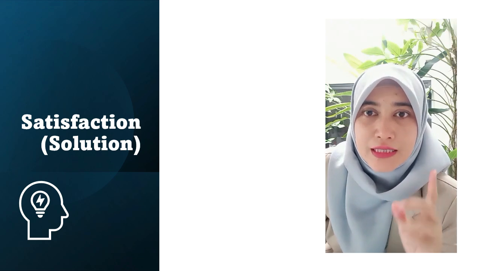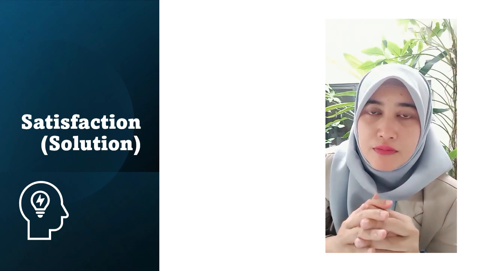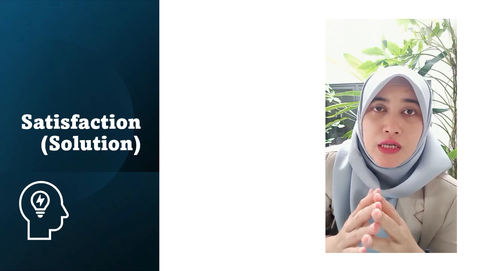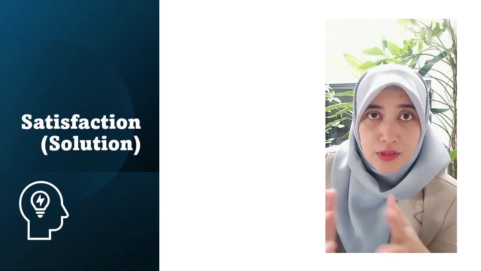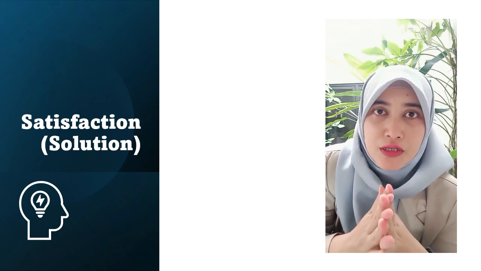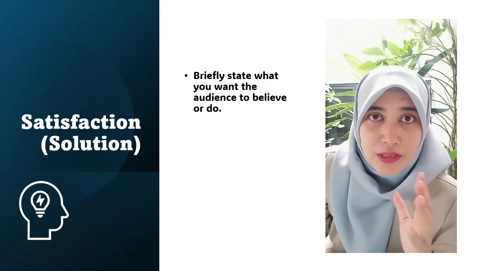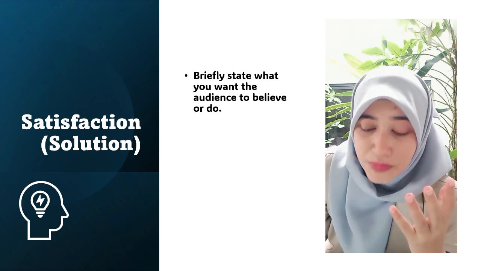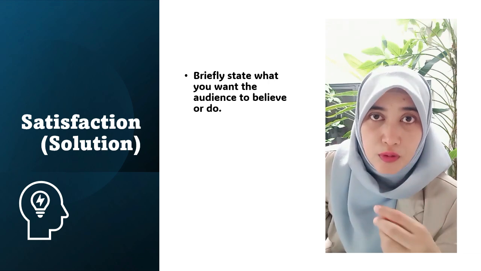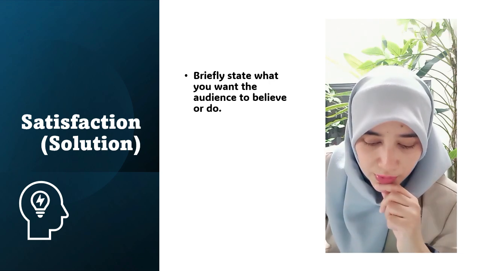Okay, so the next step after you have described or explained the problems, you can then offer a solution. So you offer some satisfaction to your audience. What you can do is first, briefly state what you want the audience to believe or do, or what your audience could do to help solve the problem.